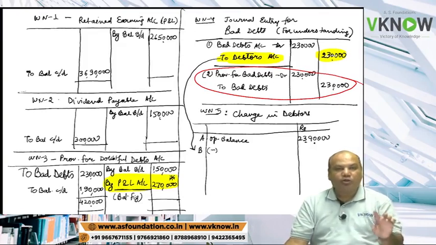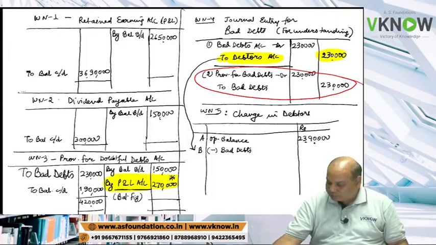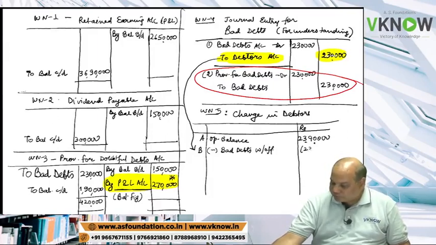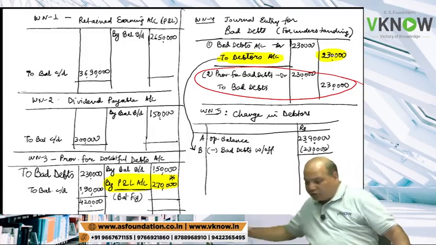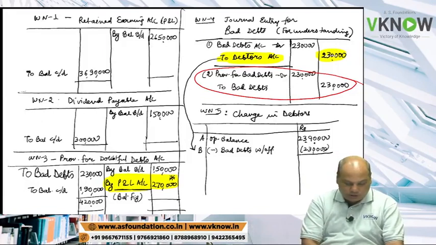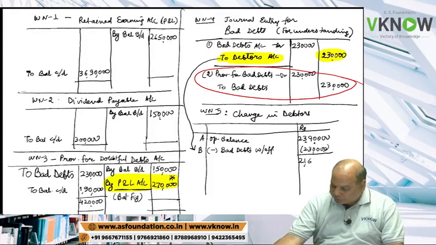You have written off debtors by 2 lakh 30,000 less bad debts written off, because debtor will also reduce 2 lakh 30,000. So you draw one line and take the balance right now, 23 lakh 90,000 minus 2 lakh 30,000 is 21 lakh 60,000.